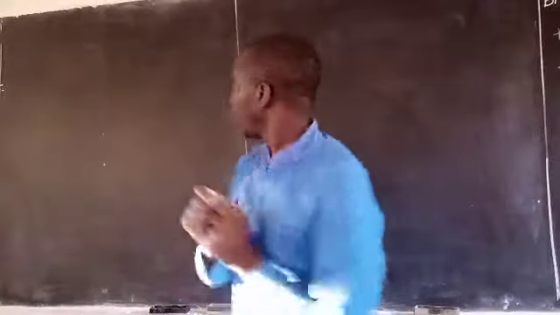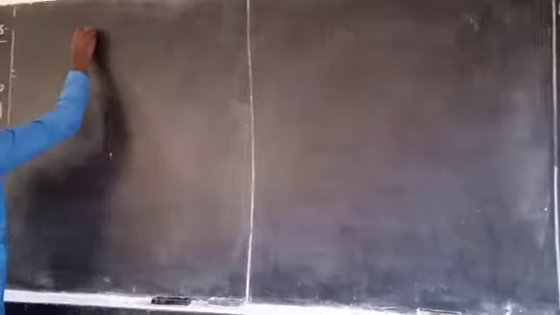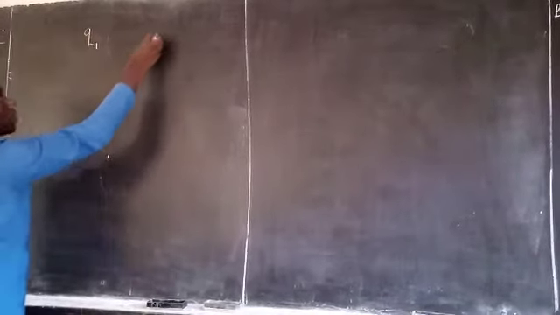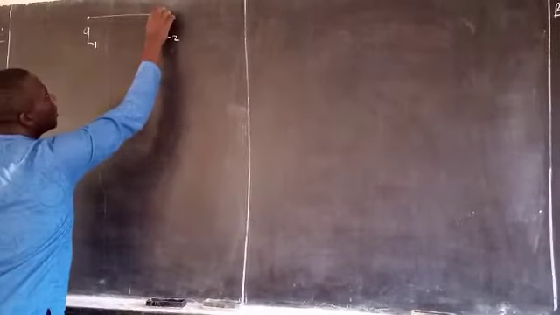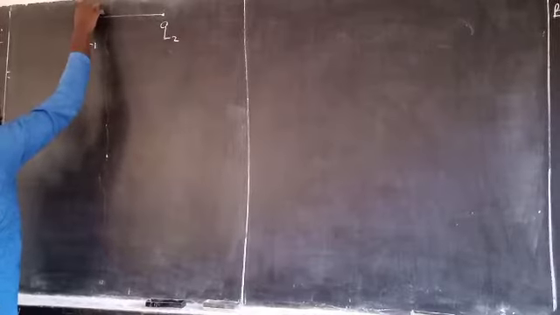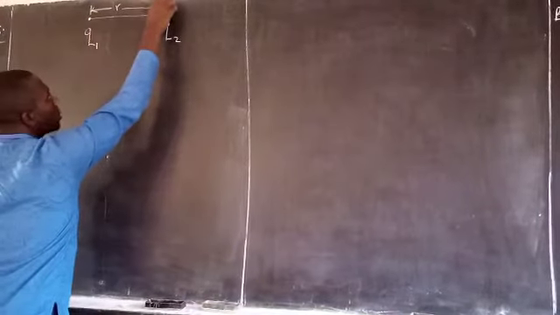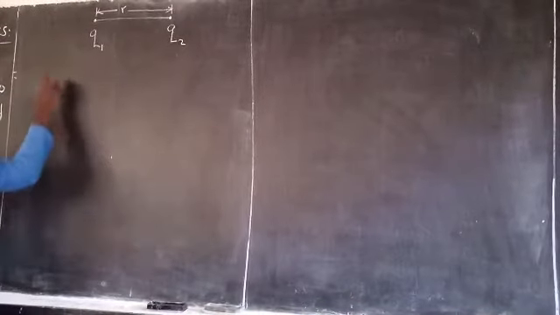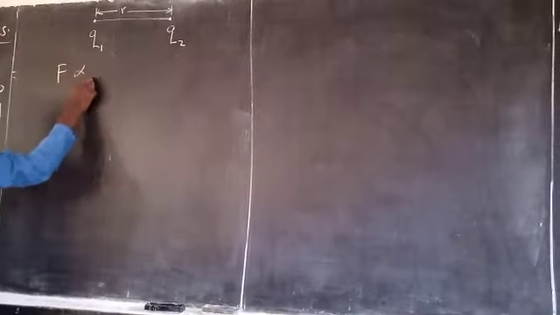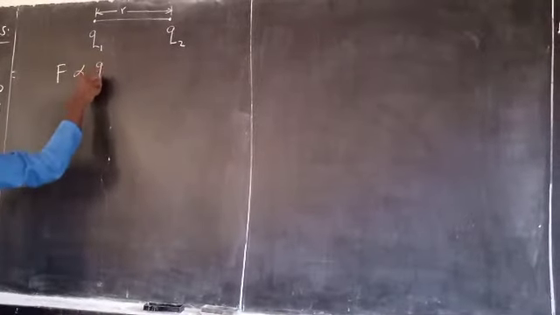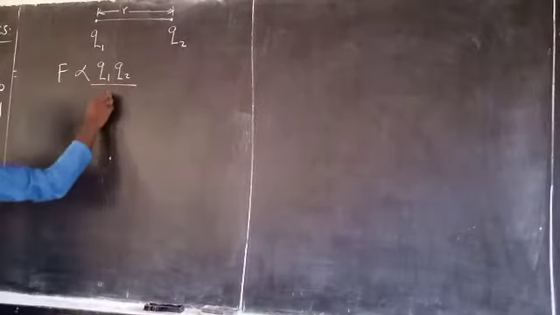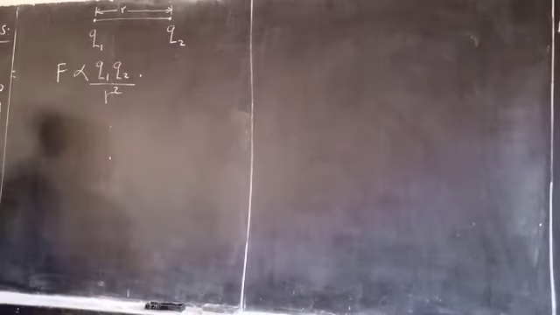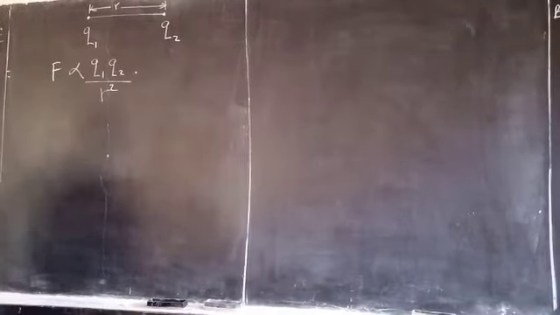That is to say, if you have two charges, a charge Q1 and another one Q2, these are your point charges. They are at a separation of a distance, let's call it r. We say that the force between them, call it F, is proportional to the magnitude of the charges and inversely proportional to the square of their distance of separation. That is according to Coulomb.